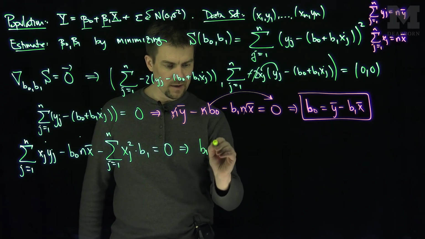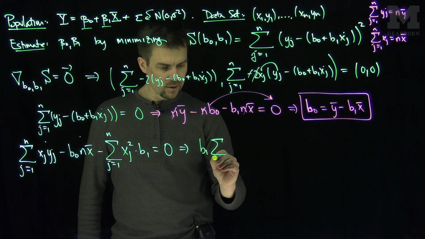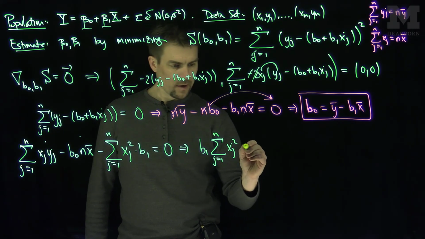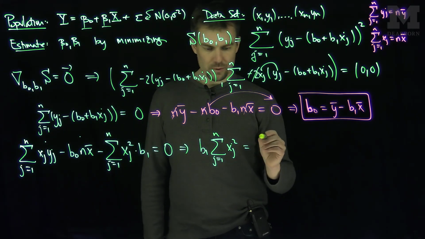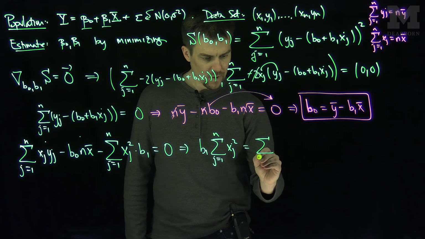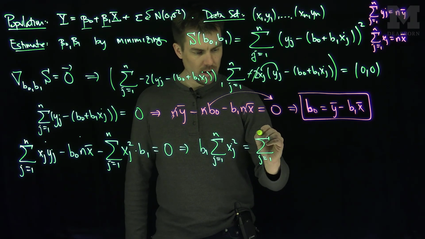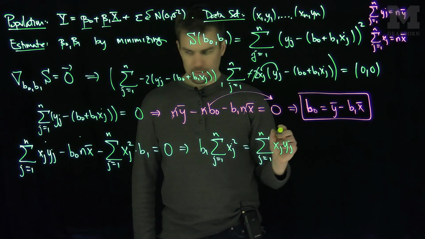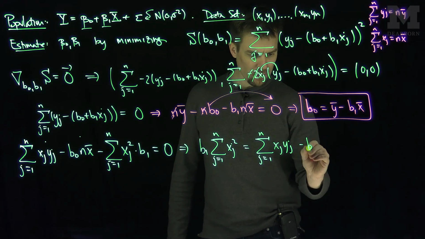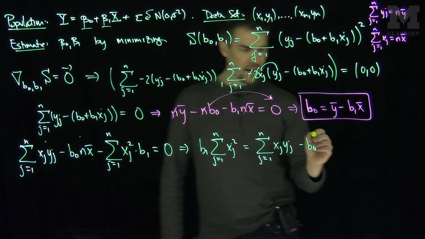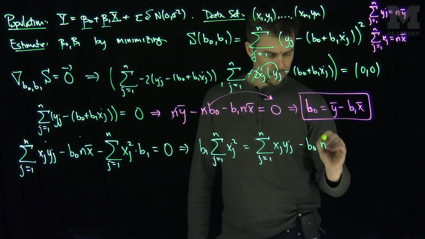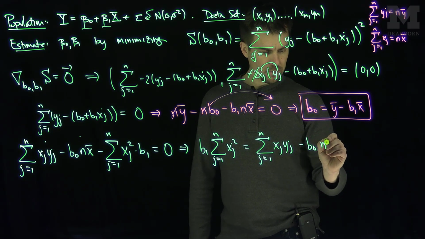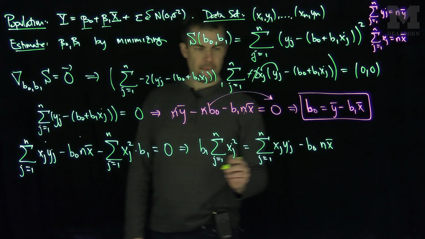So this says that b1 times the sum, j goes from 1 to n, of xj squared, is equal to the sum, j goes from 1 up to n, of xj yj, minus b0 times n x bar. Good.